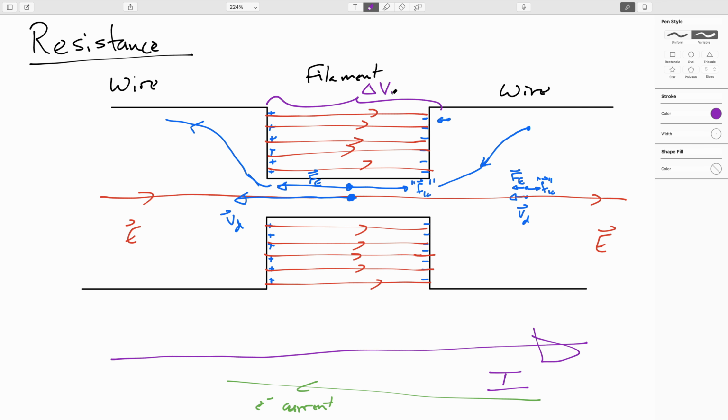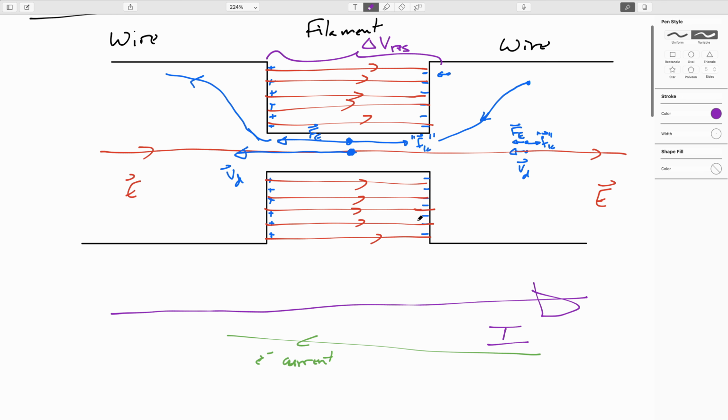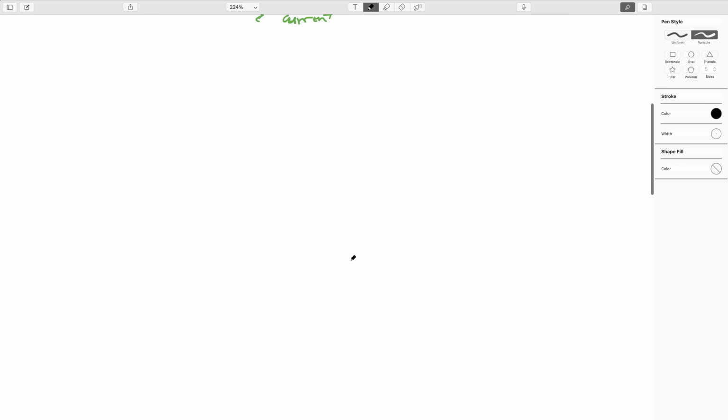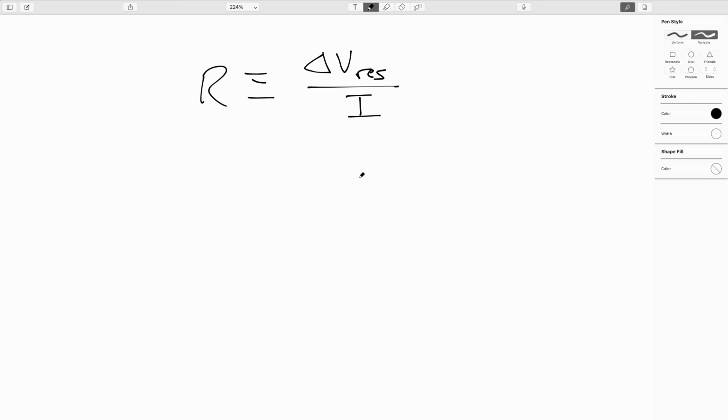We will call that delta V across our resistor. Our figure of merit for describing the resistance of the device is that it would be more resistive if you have to make this electric field, and hence the voltage required, bigger in order to drive a given current through. So we define the resistance to be the ratio of the voltage applied across the resistor to the current that potential difference drove through the resistor.